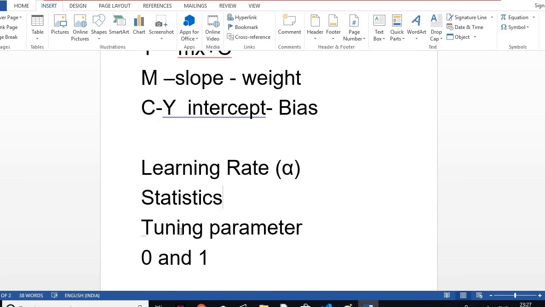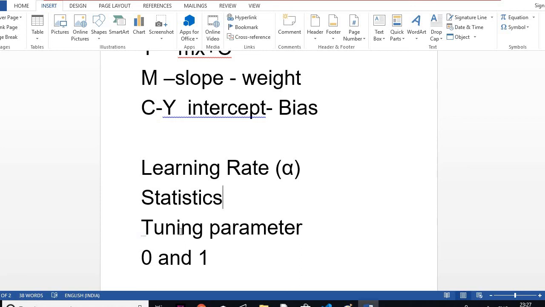In gradient descent, we are trying to optimize the weight and the bias to get the minimum cost function. So in any optimization algorithm, we use this learning rate.